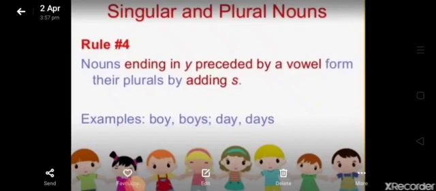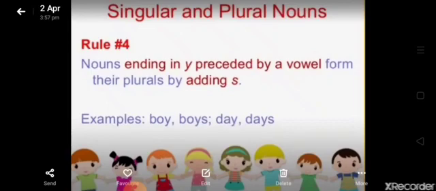Now, rule number 4. Nouns ending in y preceded by a vowel form their plurals by adding s. For example, boy, boys.